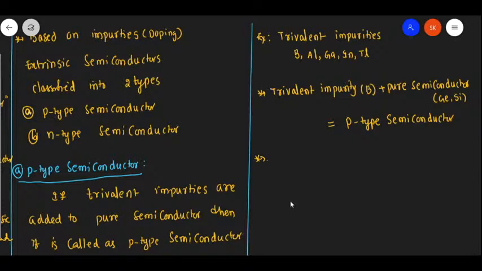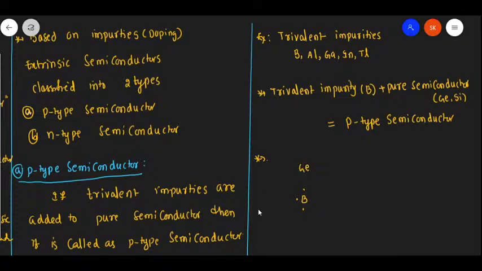Now let us discuss some of its properties and how it works. Listen very carefully. For example, we are adding one boron atom to pure germanium.